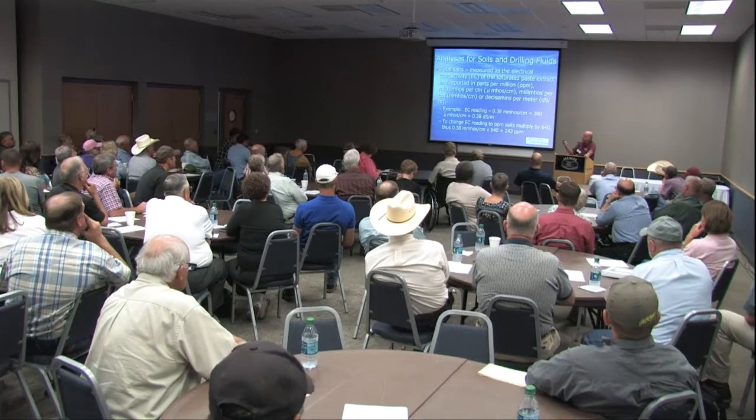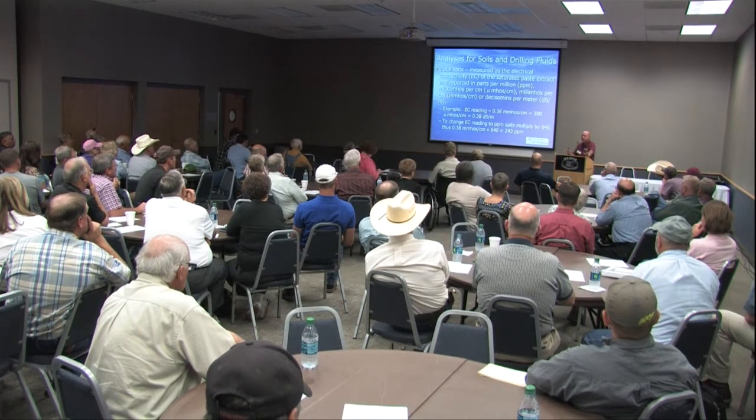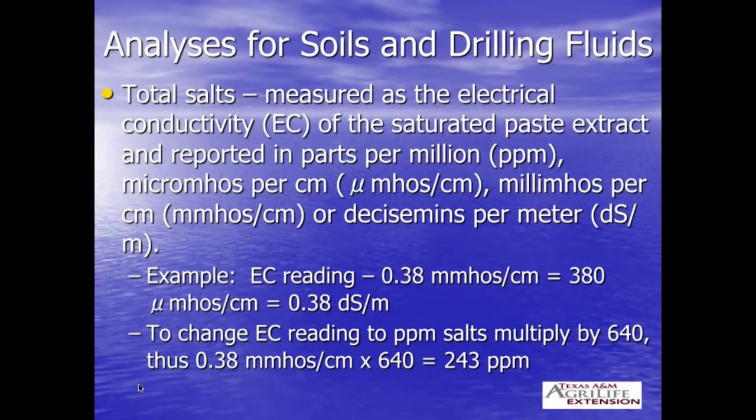The total salts, again, is measured as the electrical conductivity, and there's lots of different ways that they'll report it to you, but most of the time, if you ask for total salts, it'll be reported to you in parts per million. Just gave an example here. You've got an electrical conductivity reading of 0.38. That's millimoles per centimeter. In the previous information, I showed you 4,000.